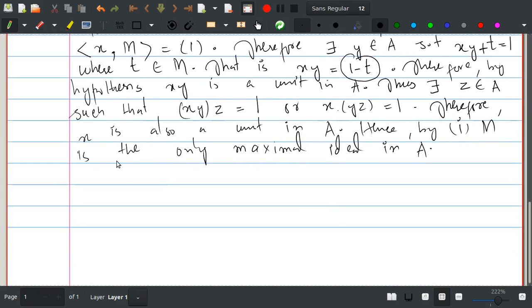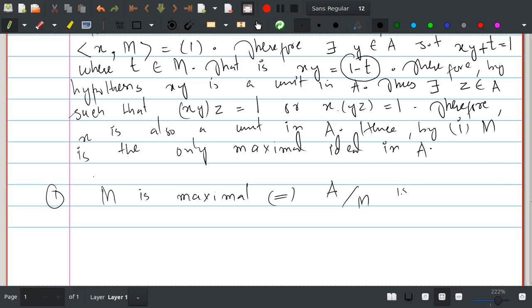Now there is this fact that in a commutative ring with the identity element, every maximal ideal is a prime ideal. This follows from the fact we know that if A is a ring and M is a maximal ideal in A, then M is maximal if and only if A mod M is a field. Now suppose this is a field, that means this is also an integral domain.